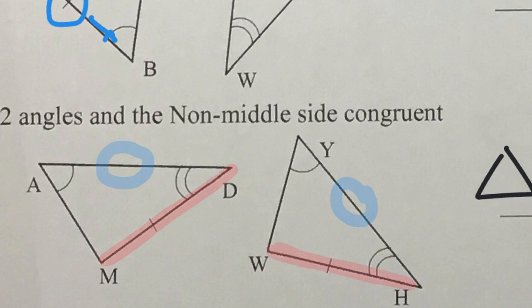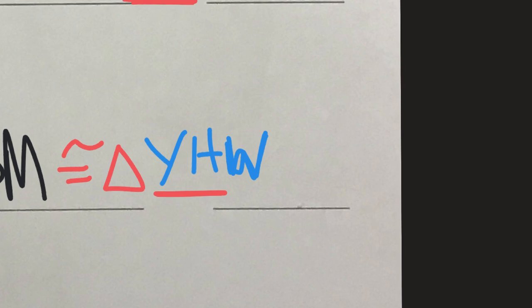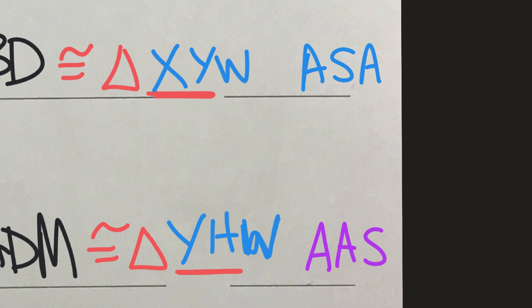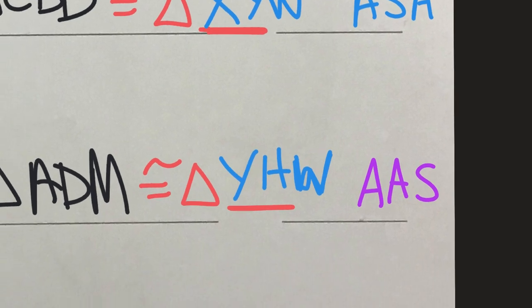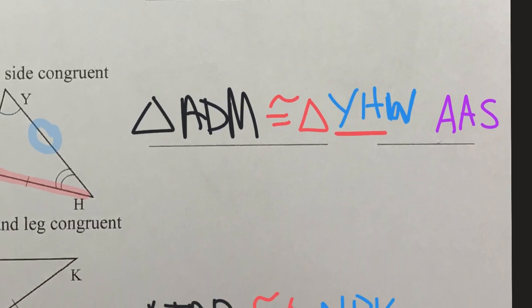So when we write the reason for it, side angle, nope, that's not right. Angle side, the S letter does not come between your A angles, right? So you need to be sure that you're looking at the picture. Where on the picture is your side? Is it between your congruent angles, or is it not between your congruent angles? Because it matters for your placement of your letters.